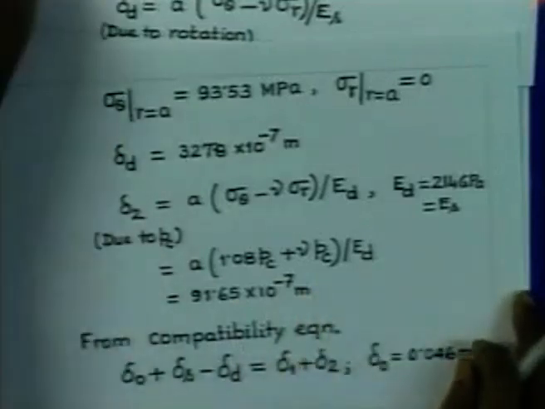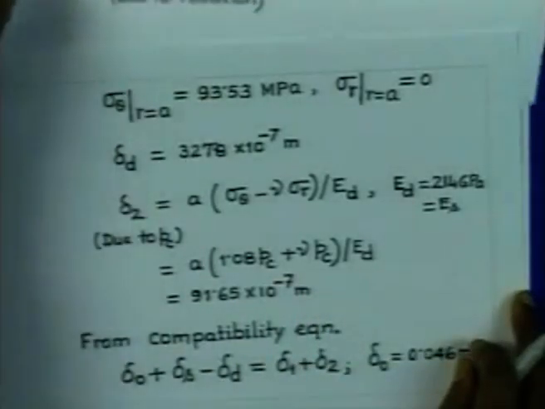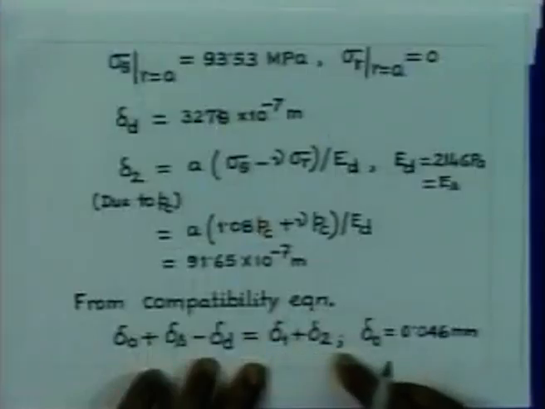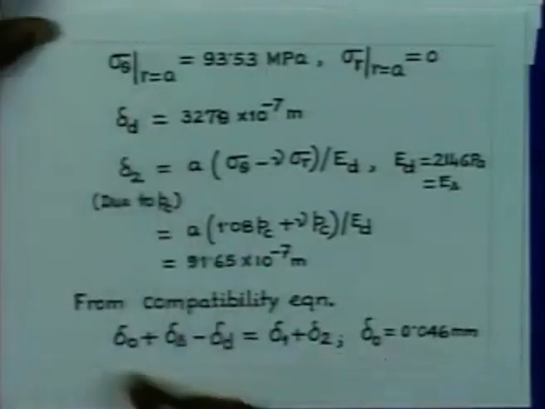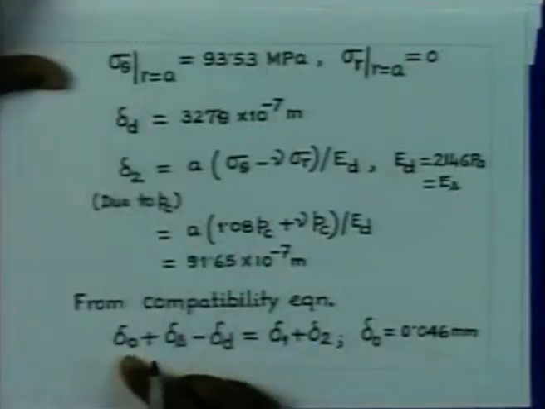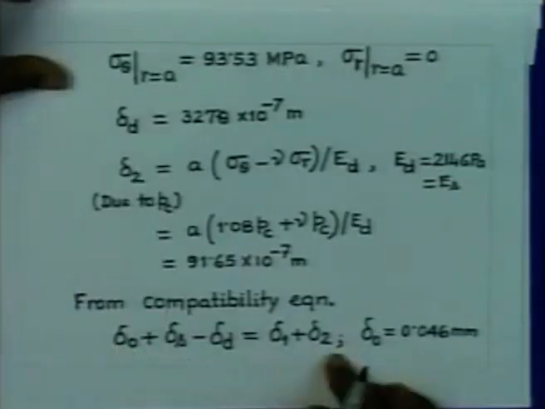Now, we go back to the compatibility equation, that is delta 0 plus delta S minus delta D is equal to delta 1 plus delta 2, and after substitution of all the values, here delta 0 is unknown, rest of the things are known.